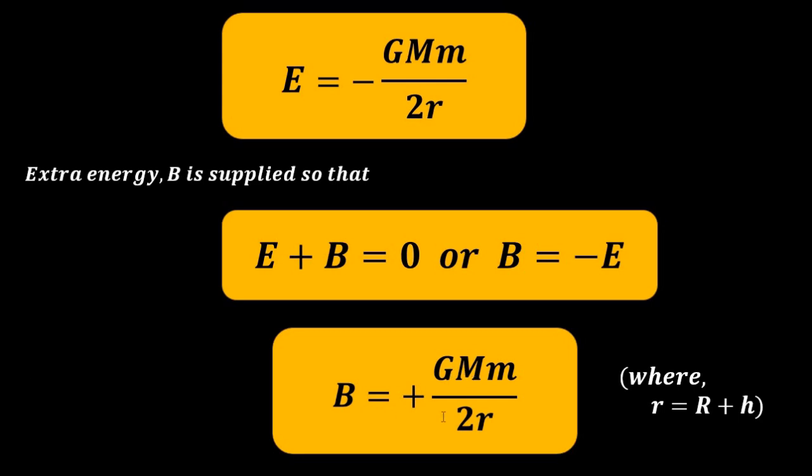Now here, what does the positive sign mean? The positive sign means the extra energy which is given to the satellite does work against the gravitational force. Work done against the gravitational force means positive sign.